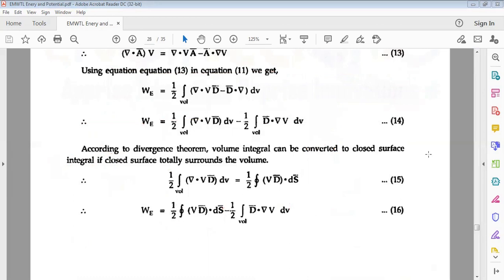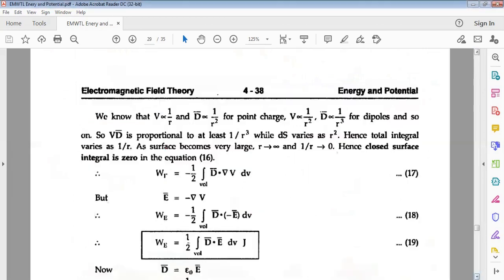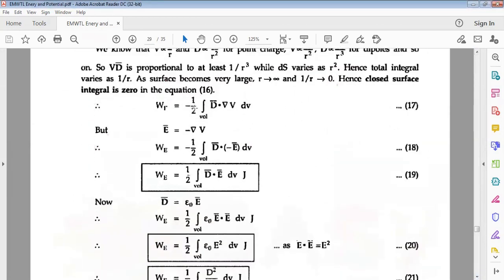But the second term is minus 1 by 2 the volume integral D bar dot del V into dV. We know the gradient of V: E bar is equal to minus del V. In the previous class, we saw that grad V or del V is equal to minus E bar. Substitute here D bar dot E bar.